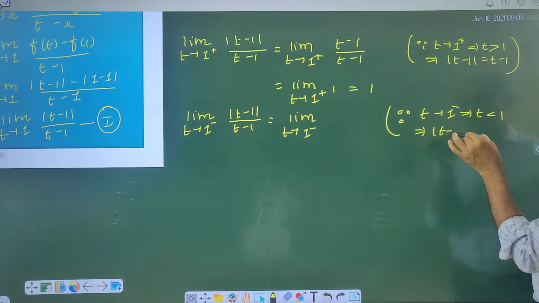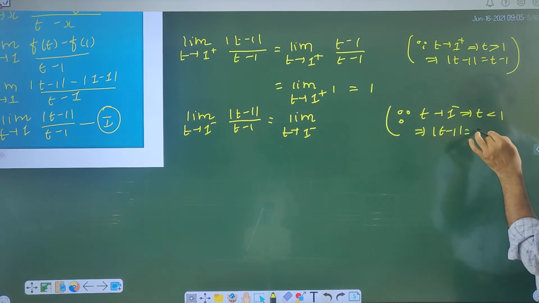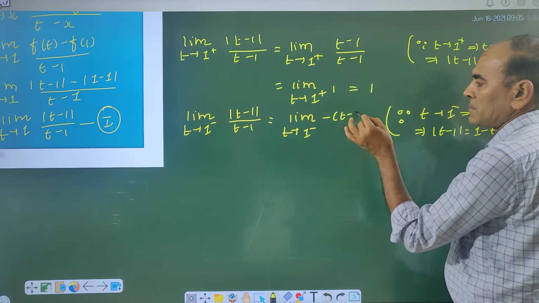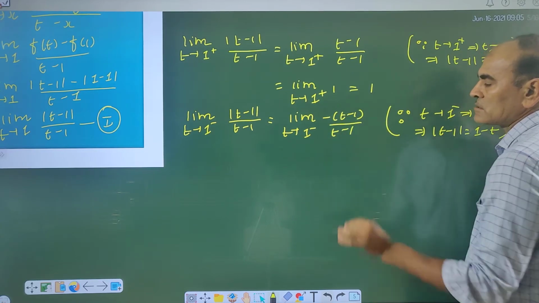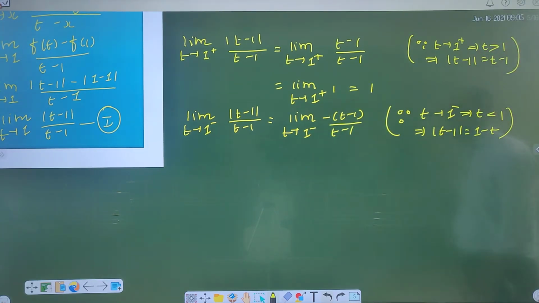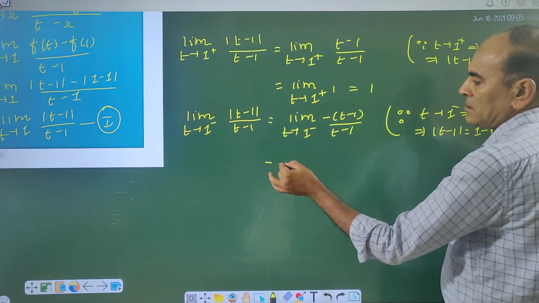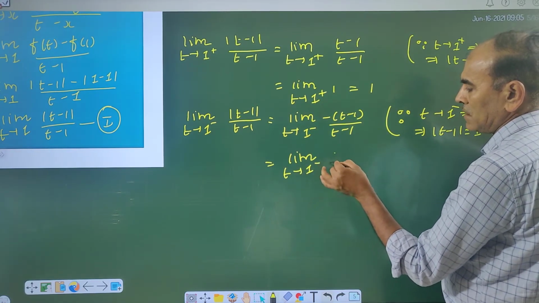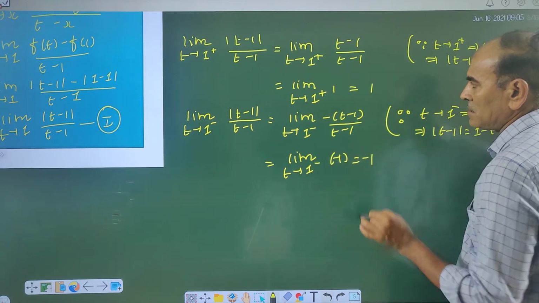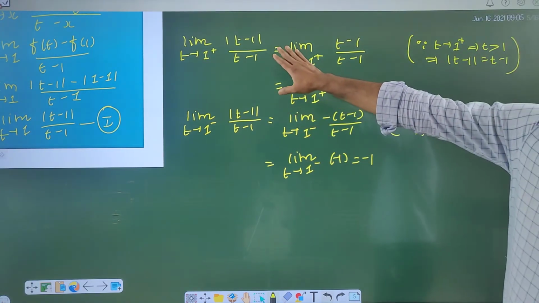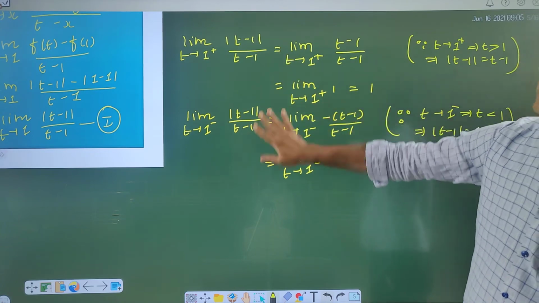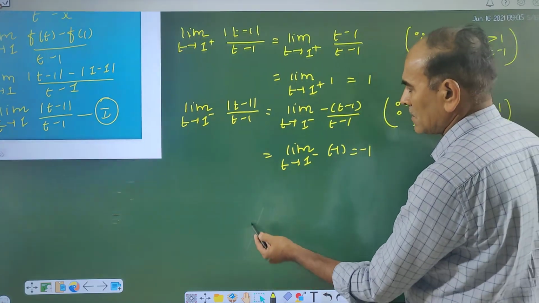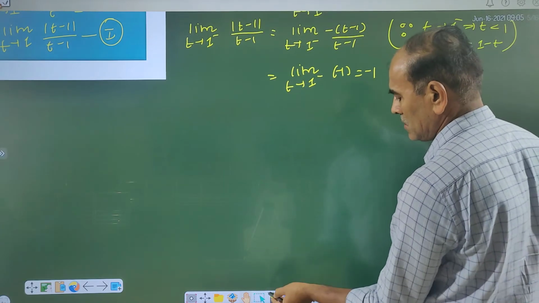So magnitude of t minus 1 is equal to 1 minus t, or we can write minus of t minus 1, over t minus 1, one and the same thing. That is equal to limit t tends to 1 minus of minus 1, that is minus 1. Right hand limit exists, left hand limit exists, but they are not equal. So limit does not exist.